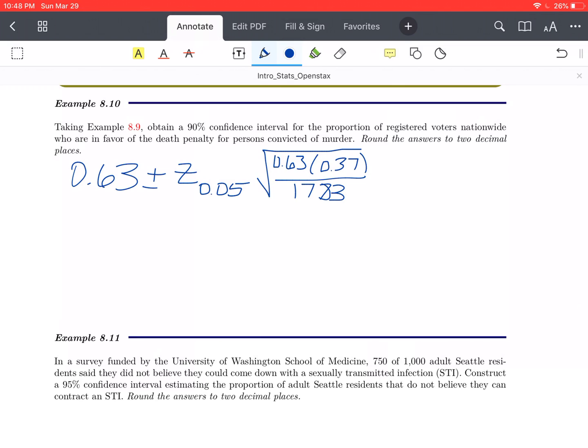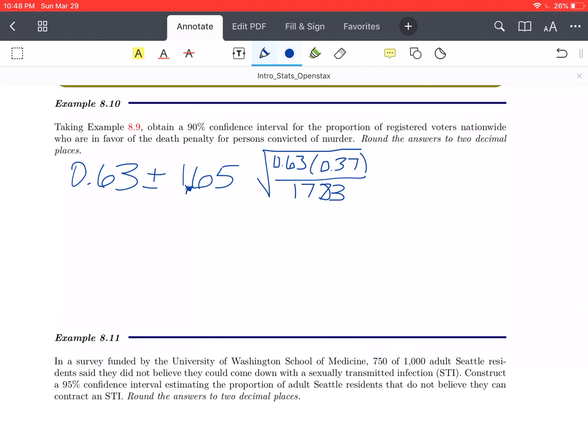The z-score at 0.05, that's going to be 1.65. So let me just go ahead and put that in right here. So 1.65 right there.